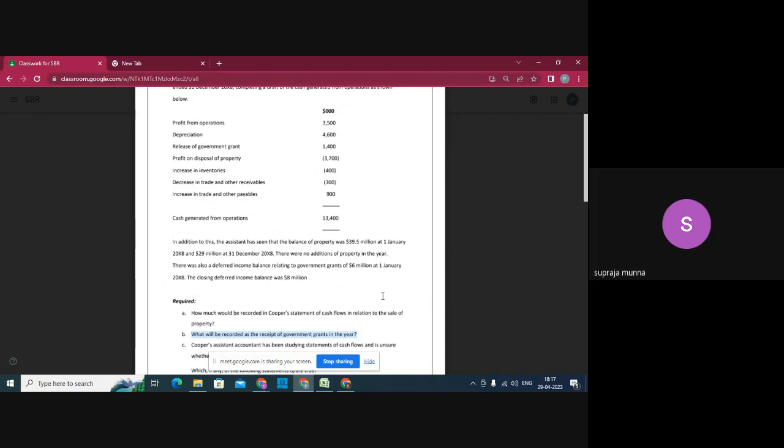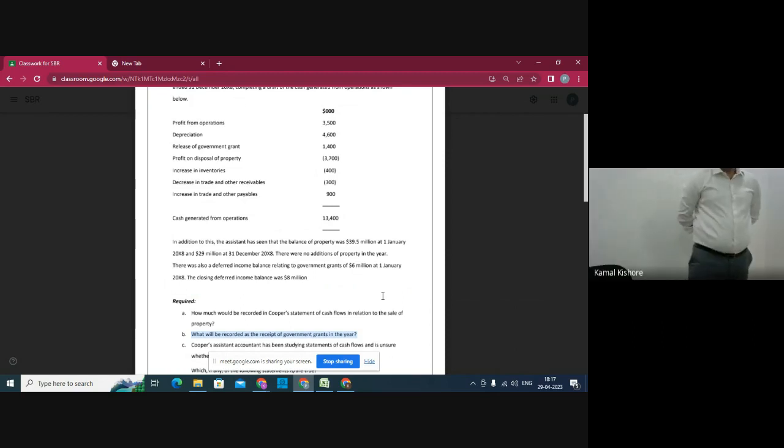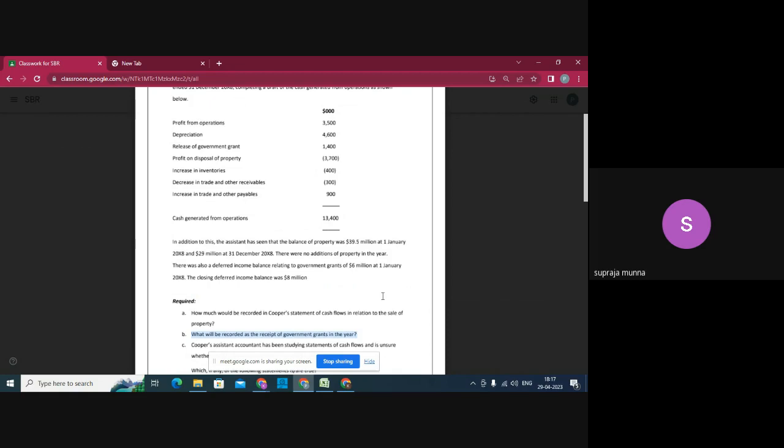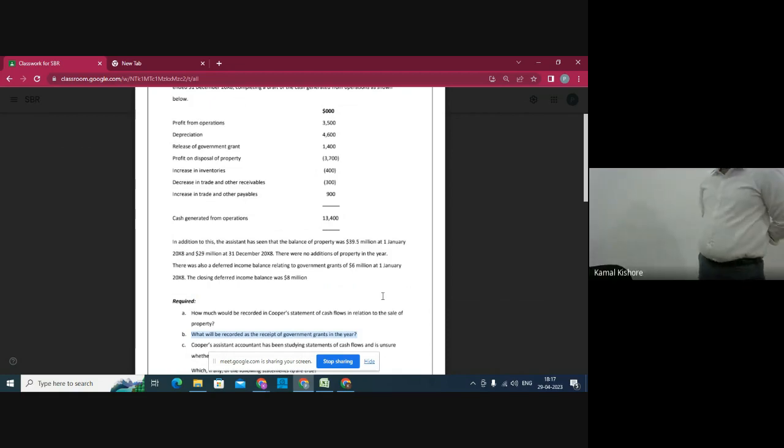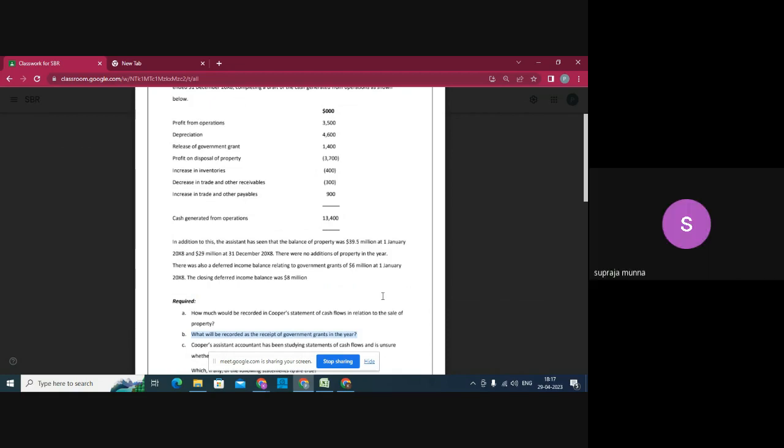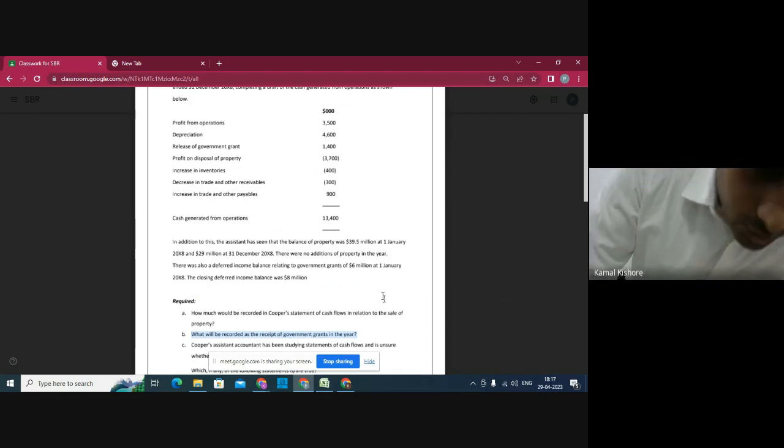But here there is a release of government grant to the extent of 1.4 million. If it is a revenue grant, then the increase in the deferred income we will record as an increase from financing activity, maybe the 2 million. Okay.